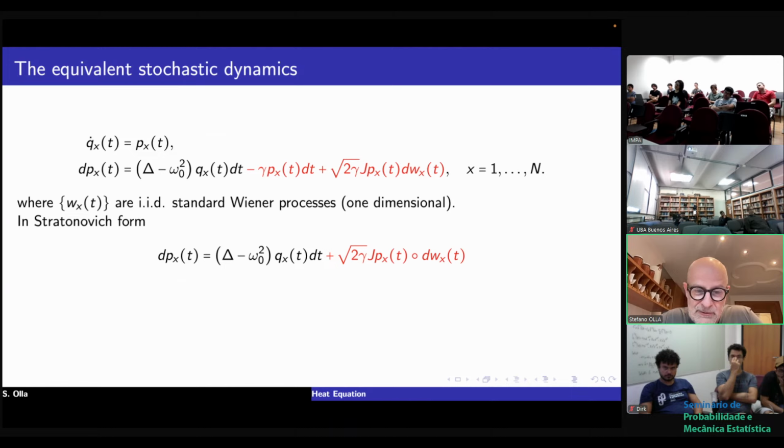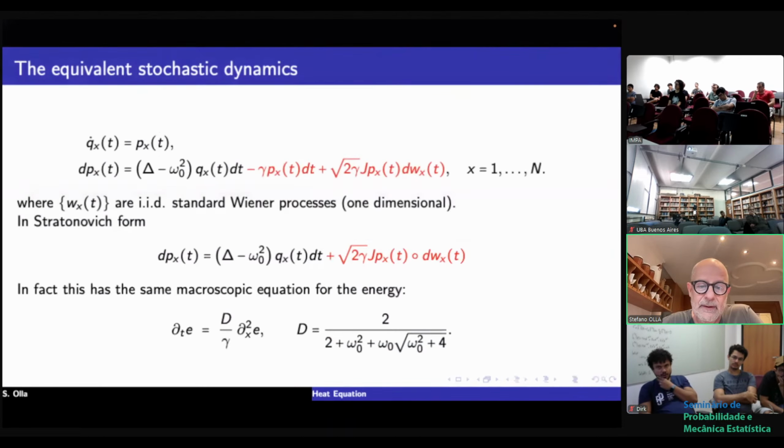I'm not fond of Stratonovich form because I don't know how to do calculations in Stratonovich form, but these are absolutely equivalent. But in Stratonovich form, you can probably see more that the noise here is rotating randomly the vector of the velocity of each atom.